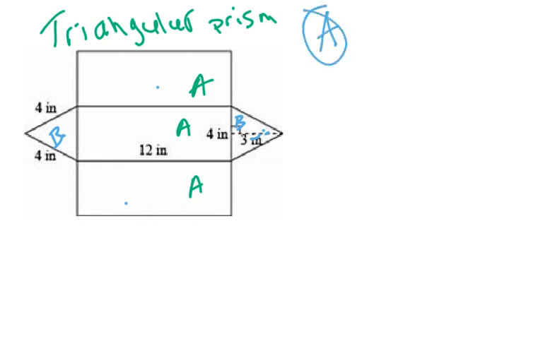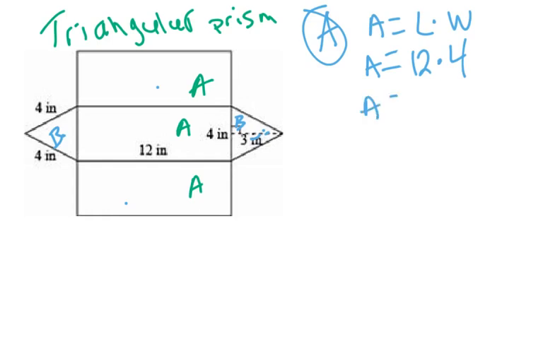So I'm going to start with the A pieces. These are rectangles, right? So area for rectangles is length times width. That's your formula. My area here is going to be 12 for my length, 12 inches times 4 inches.